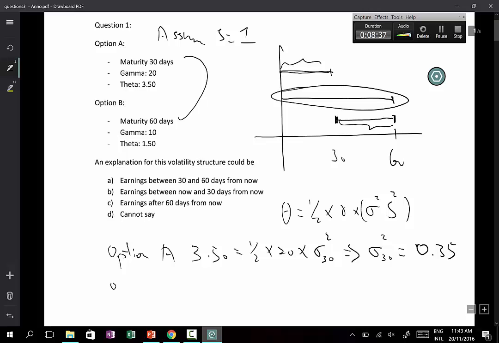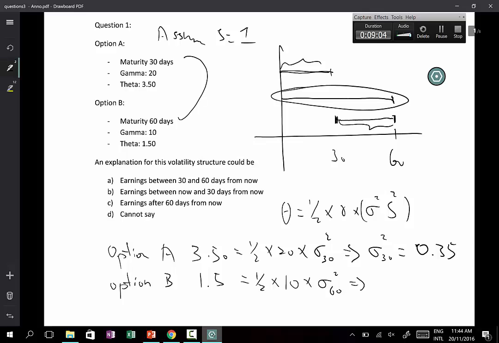Now for option B, you can give it the same treatment. For option B, the theta is 1.5. So you can say this should be equal to a half times the gamma, which is 10, times the variance of the 60-day option. And that implies that the 60-day variance is actually 0.3.